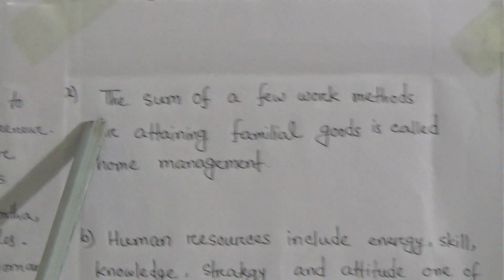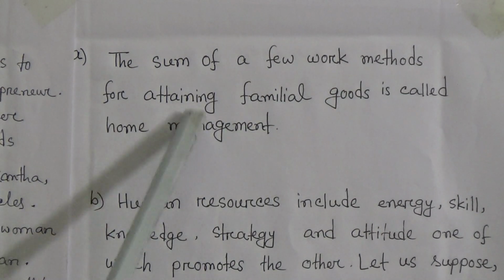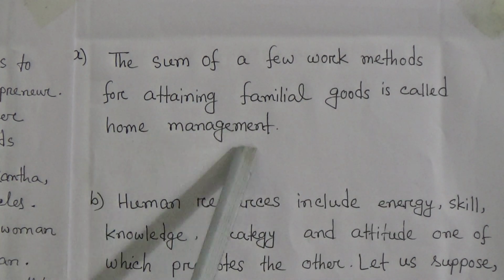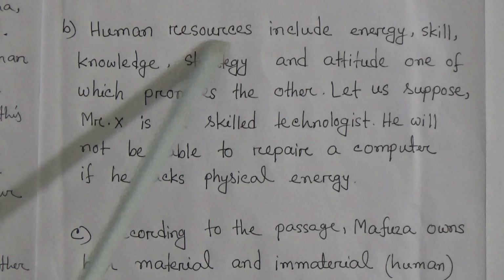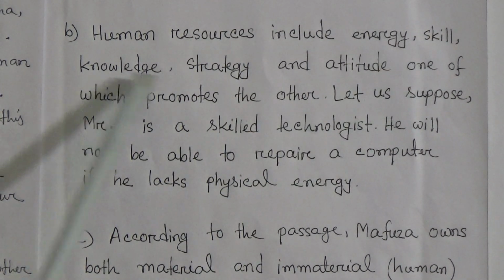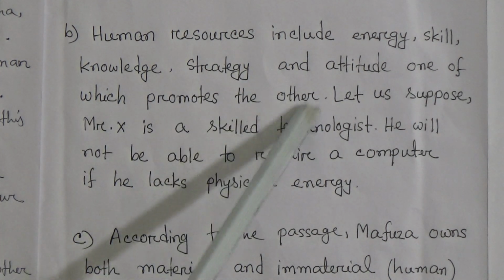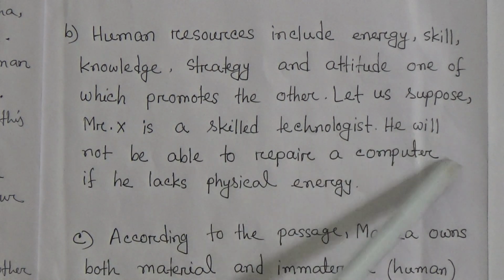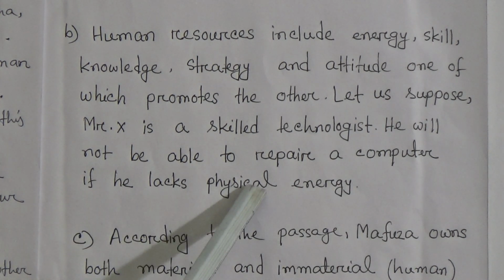Number 1 answer. Number A, the sum of a few work methods for attaining family goals is called home management. Number B, human resources include energy, skill, knowledge, strategy and attitude, one of which promotes the other. Let us suppose Mr. X is a skilled technologist. He will not be able to repair a computer if he lacks physical energy.